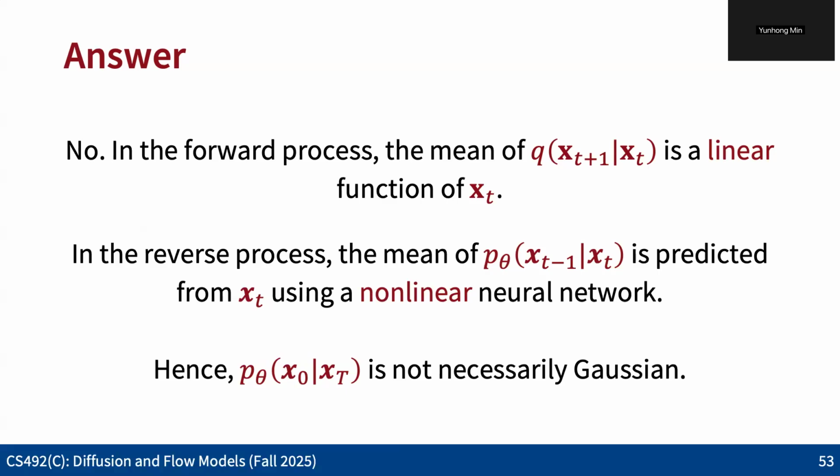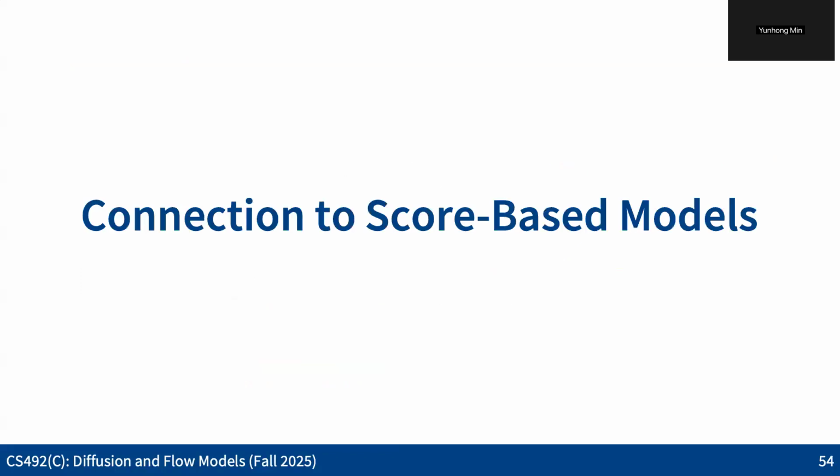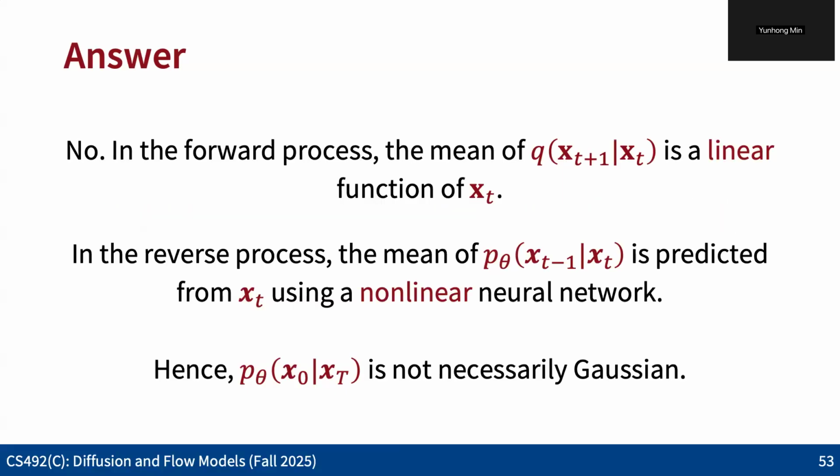Clear? No? Yes. So we have seen lots of details in the math here. Actually, there are many more things that we needed to discuss for today, but I'm going to continue the discussion next time. We have seen three options for the neural net training: the mean prediction, the clean data prediction, and the noise prediction, right?